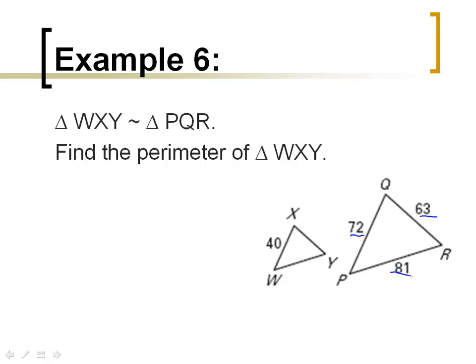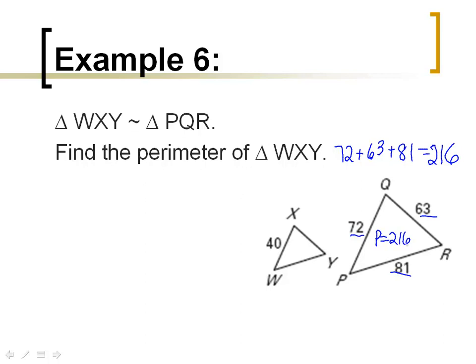So I can easily add those up. 72 plus 63 plus 81, that's 216. Okay, so there's my perimeter of my larger triangle.